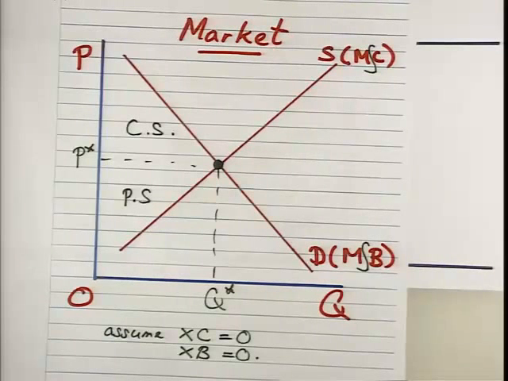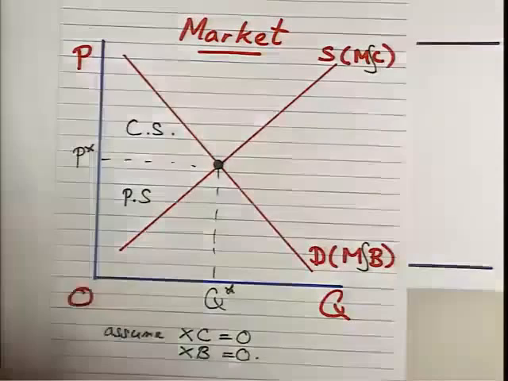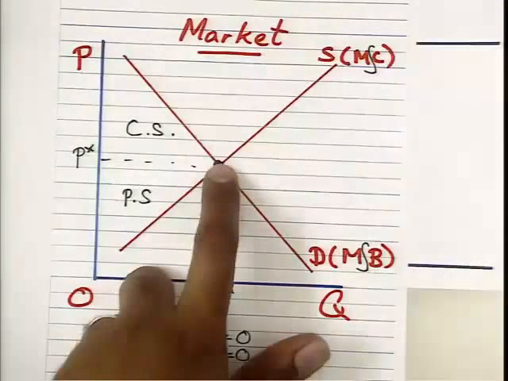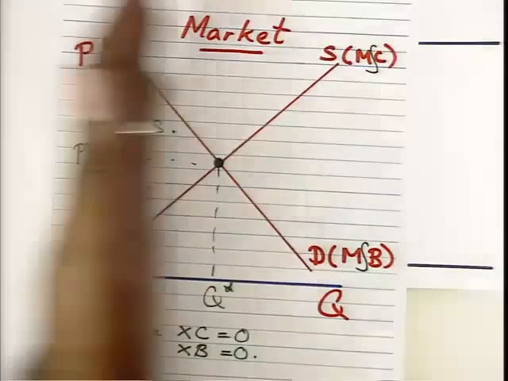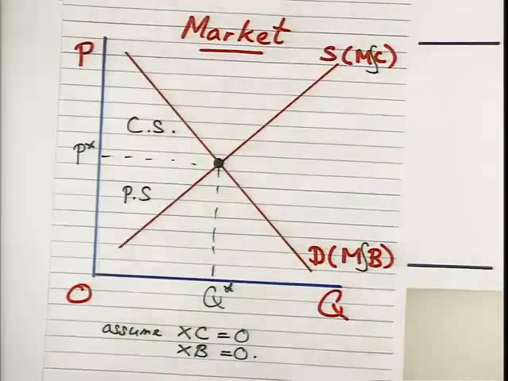With no externalities, either cost-wise or benefit-wise, the market produces the largest possible total surplus. Without government intervention, the market gives society as a whole the largest possible total surplus, a combination of consumer and producer.